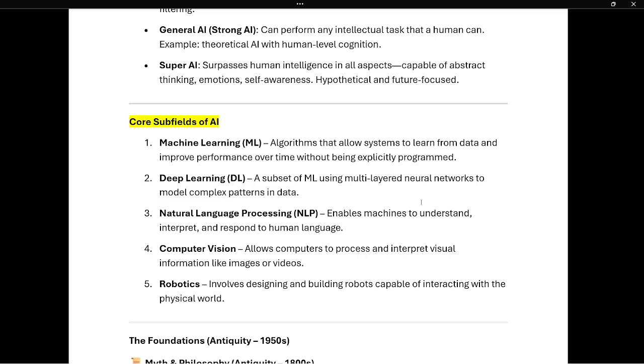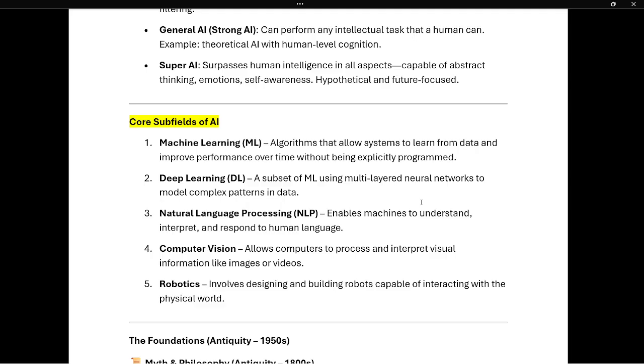So they mimic the same model to achieve the complex patterns of the data. Okay, so how our neurons work, like the brain works, they mimic the same type of layered pattern to understand. So this is called deep learning. Okay, a subset of ML using multi-layered neural networks to model the complex patterns of data.